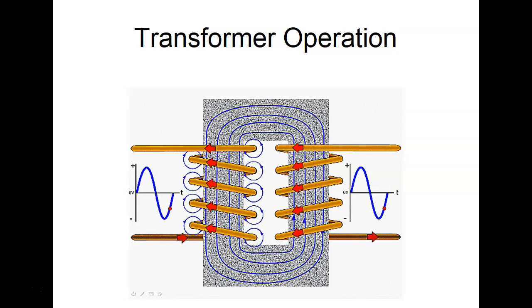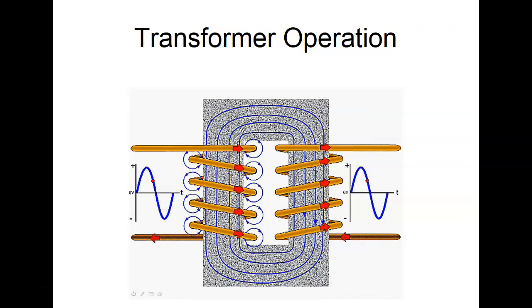And sometimes they literally wire the secondary in reverse of the primary, so the output and input would be out of phase. But it doesn't make any difference because the phases are totally isolated from each other, right? The phase in your house might be 180 degrees out of phase with your power company, but it makes no difference because you only see the phase that you get. Does that make sense?